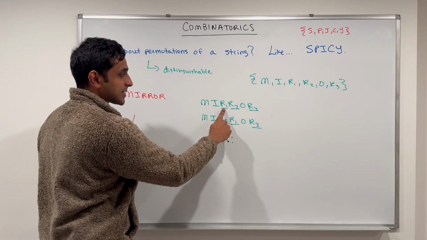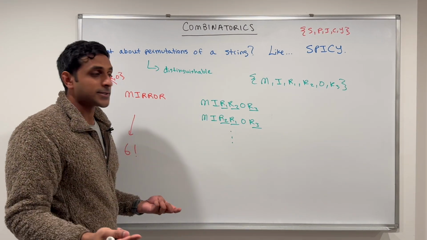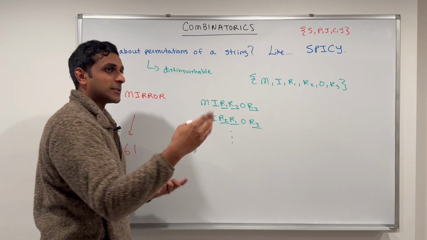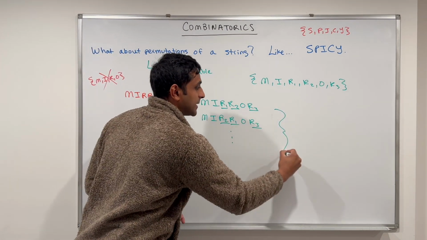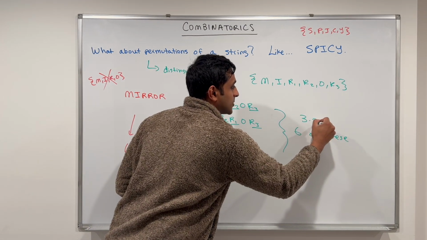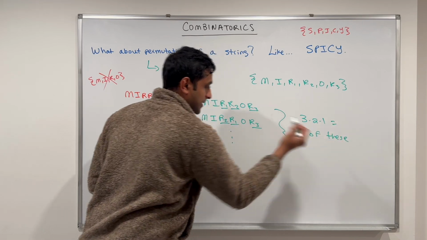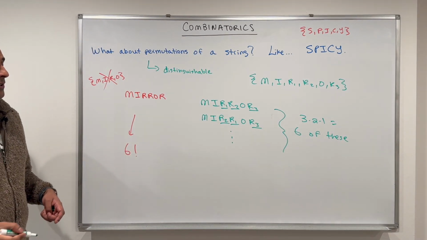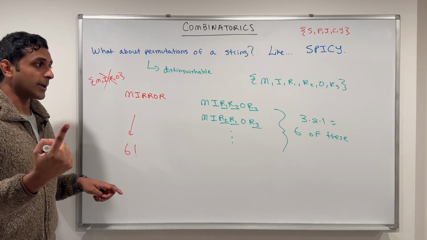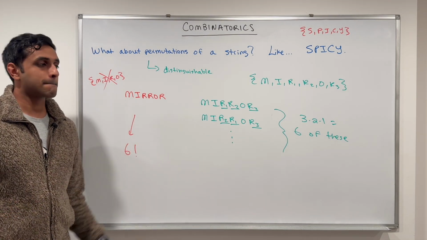So that slot can be any of the 3 r's, that slot can be any of the 2 r's, and that slot will then have to be the last r. So there's going to be 6 of these, or 3 times 2 times 1, right? Which is equal to 6. So this permutation that we want to count one time, we're counting it 6 times.